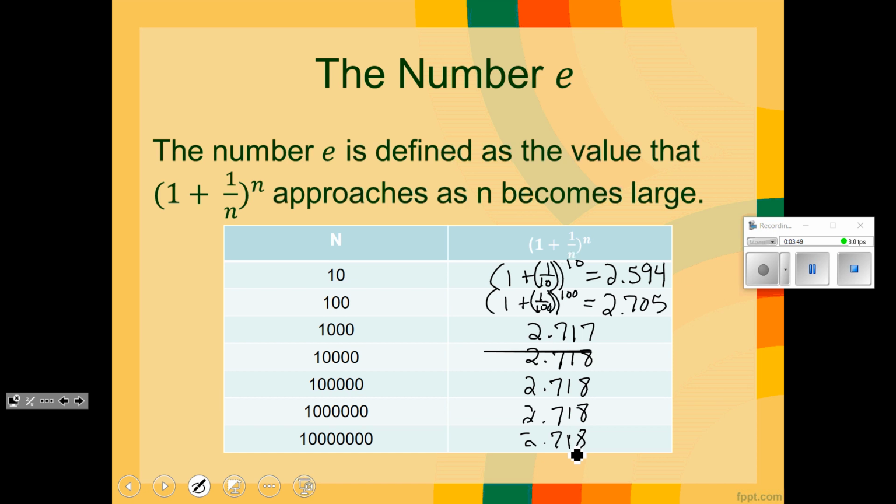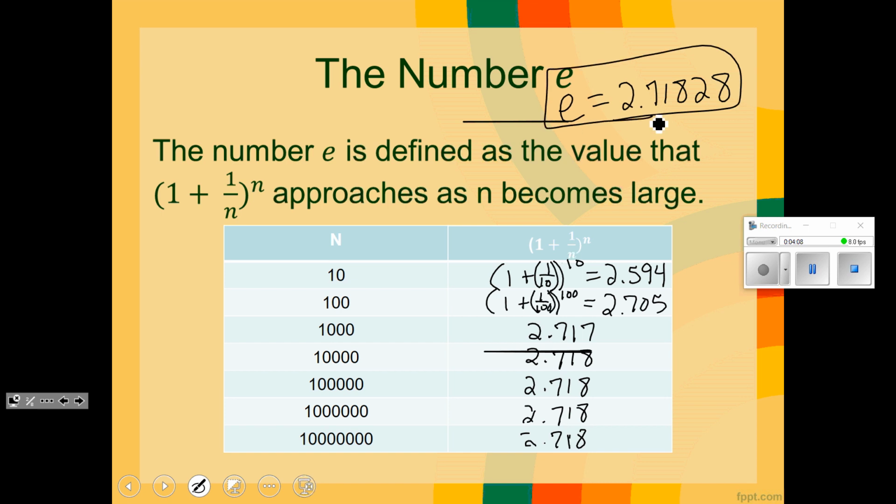It gets closer. It converges to a certain number, and that number is known as e. The book uses e equal to 2.71828, if you want to write that down. That's what e is known as.